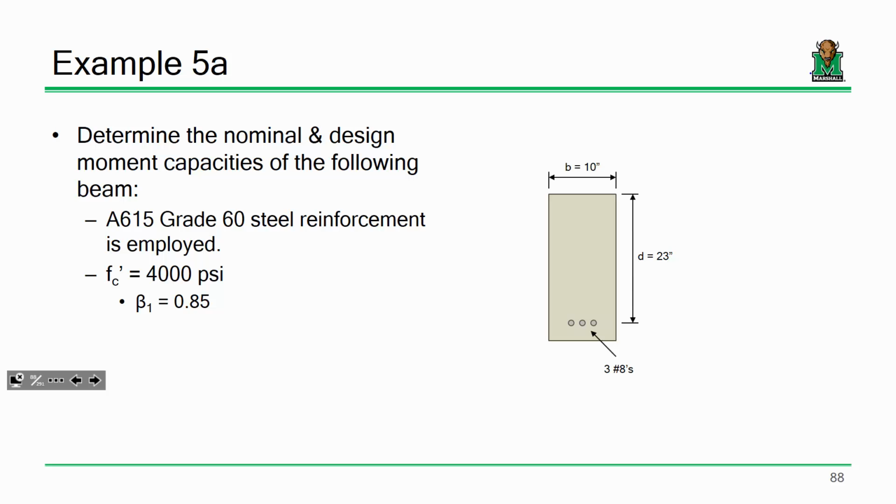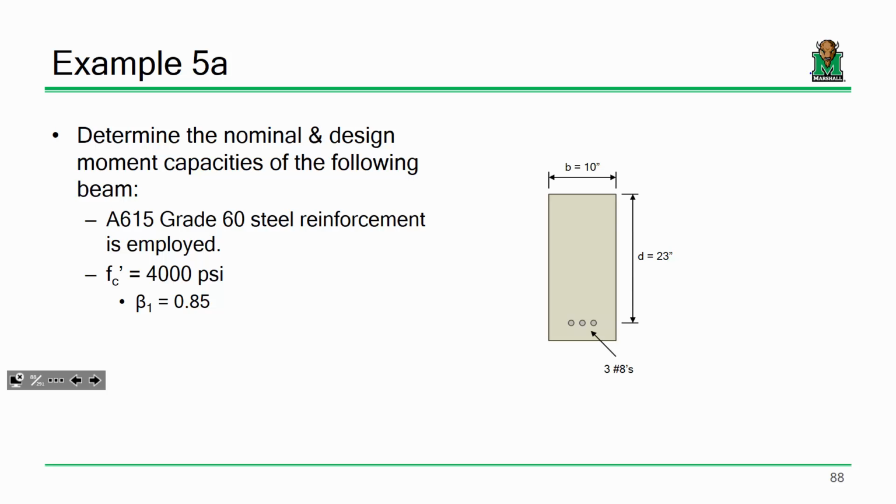So what I want to do is look at this beam and determine the maximum moment capacity of that beam, the M sub n. If I start bending it, at what moment will it fail? Right now, I'm just giving you beta sub 1. We will learn how to look it up later, but for now, I'm just giving it to you. b is 10 inches. The effective depth, d, is 23 inches.